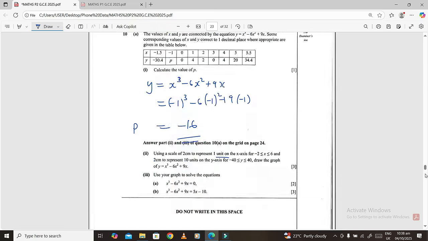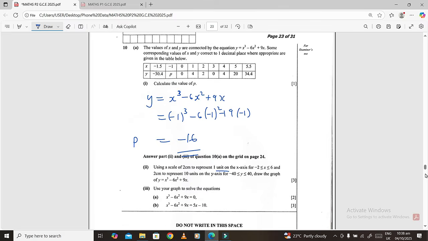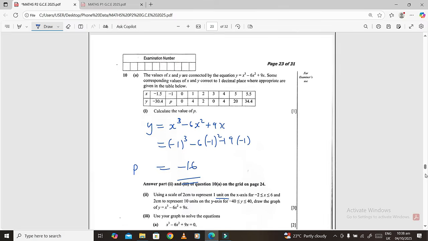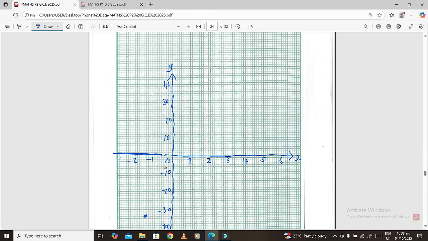The next one is negative 1, comma negative 16. So negative 1 is here, so 10 is here, 11, 12, 13, 14, 15, and 16 supposed to be here. Okay, so next one is 0, 0, it's supposed to be here.